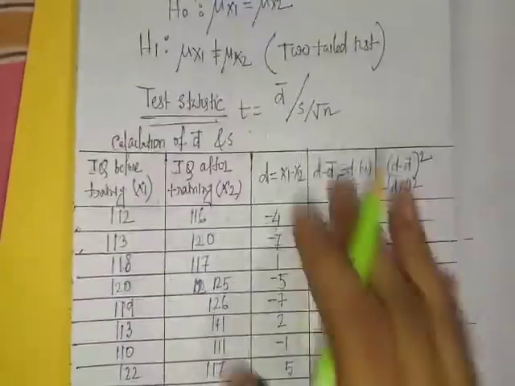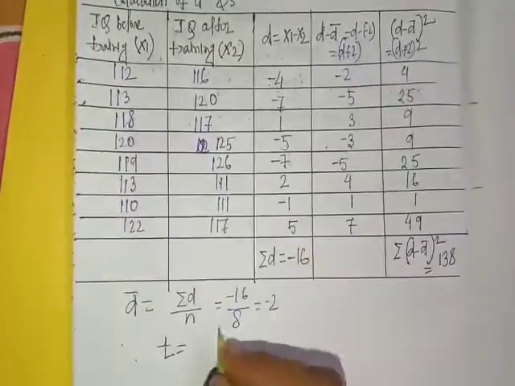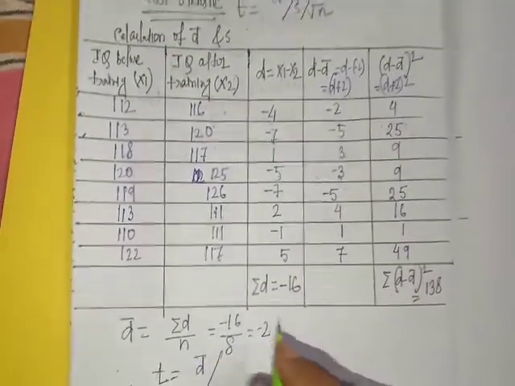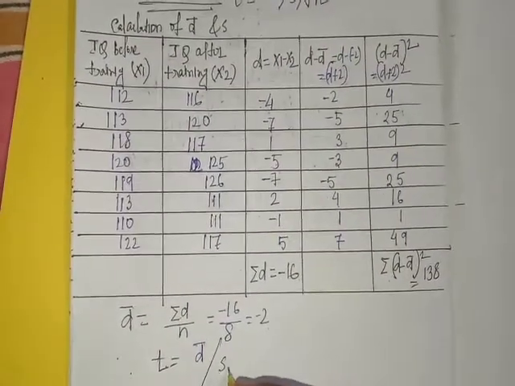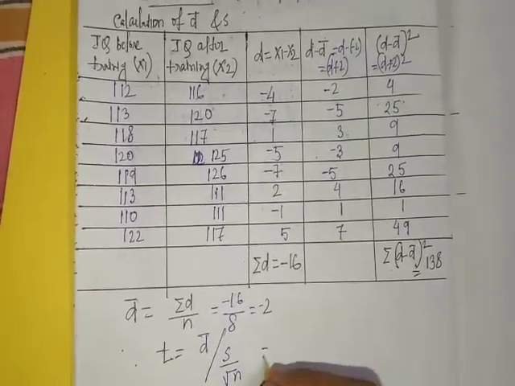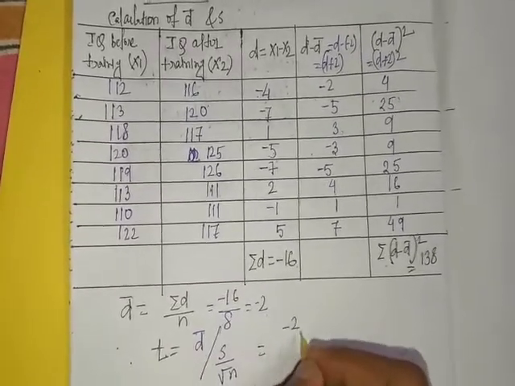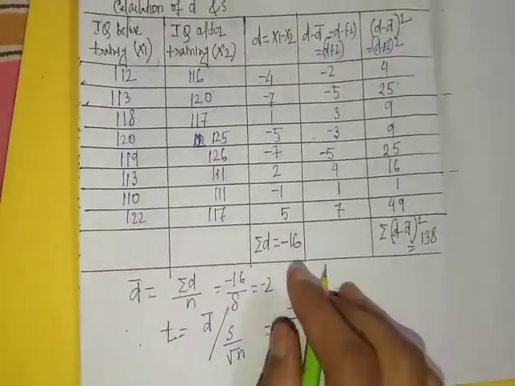So the formula of t is equal to d bar by s by root over n. The value of d bar is minus 2. Now the value of s.